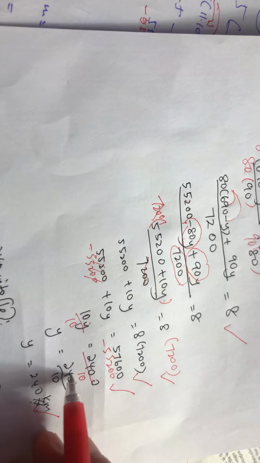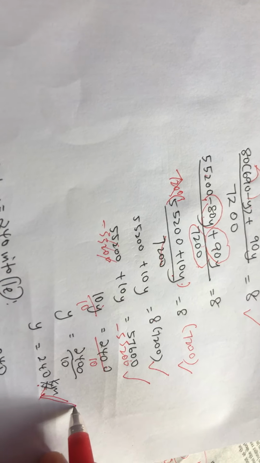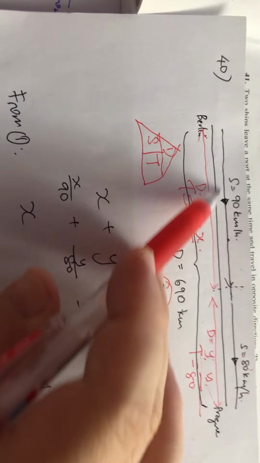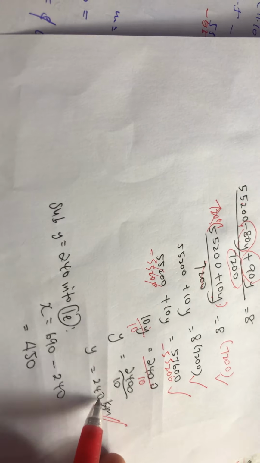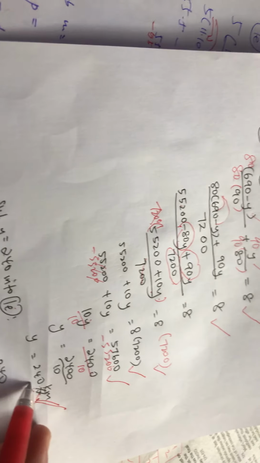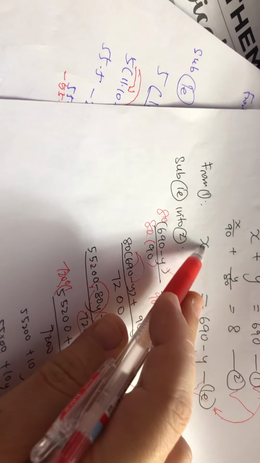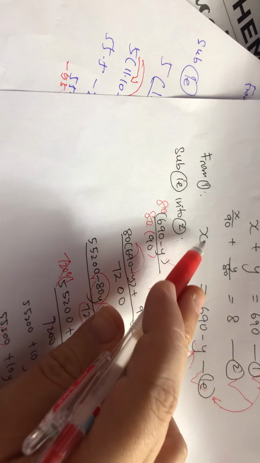By making wise choices, I found y already. But just in case they ask you to find the distance covered when he was traveling at 90, that means the x. You can also find that by substituting 240 into this 1e, because that is how you can find your x.